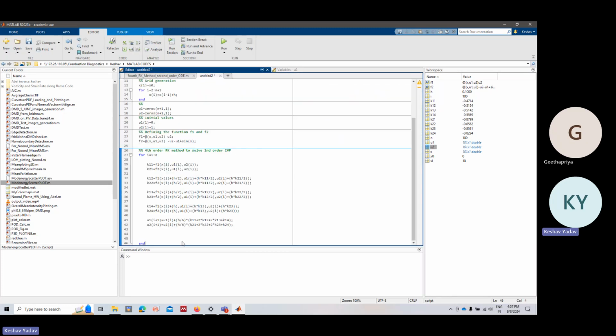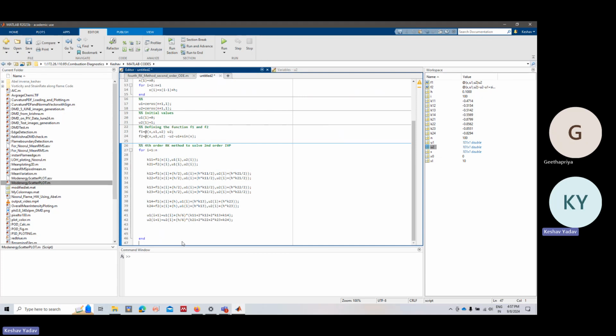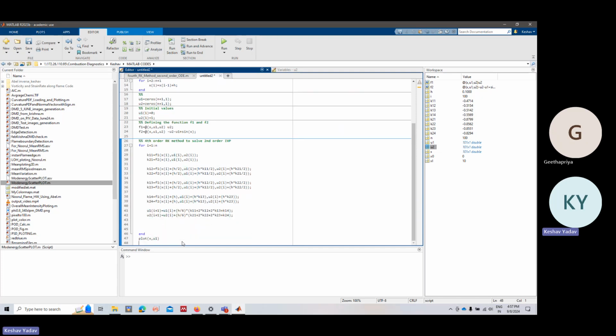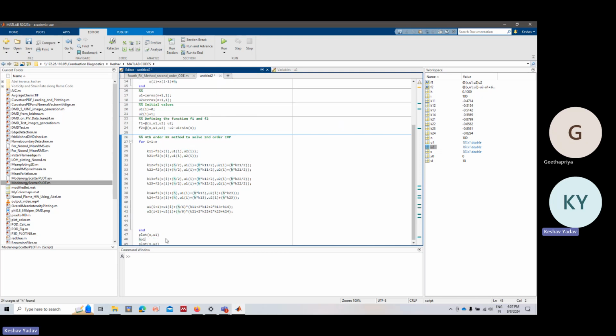Now suppose I want to plot what we have got. I write plot X comma U1, and in the same plot I want to plot X comma U2. To plot in the same figure, I need to write the command hold on. To open a new figure, I need to write figure.